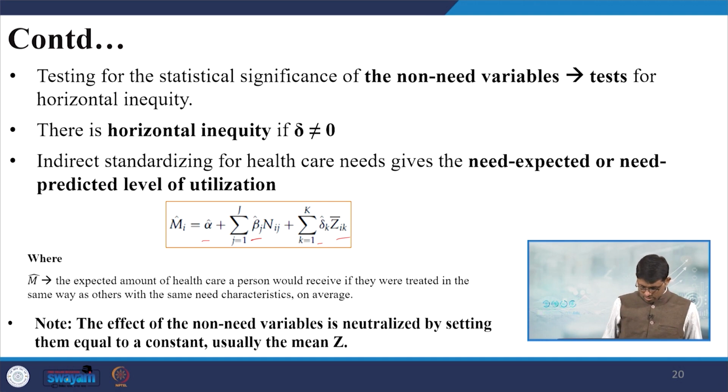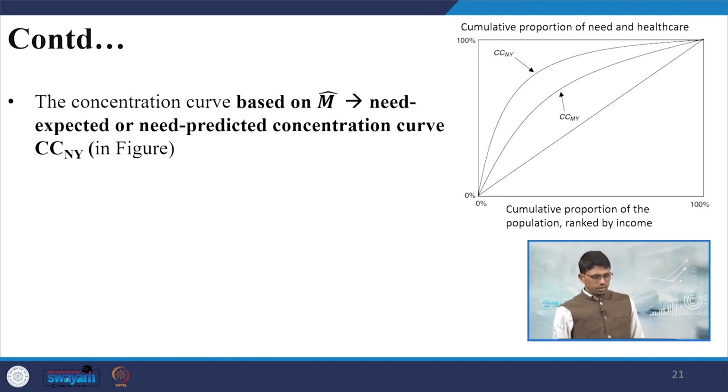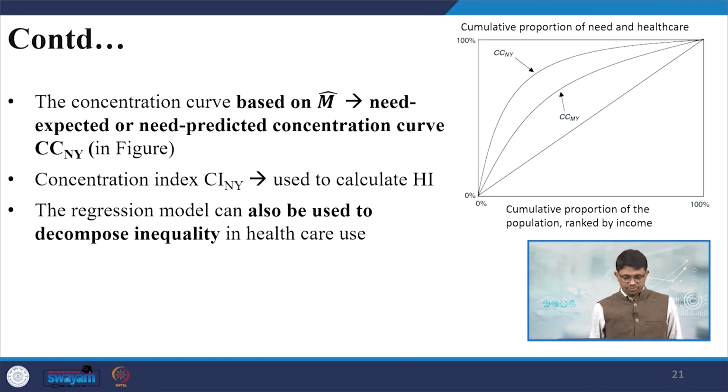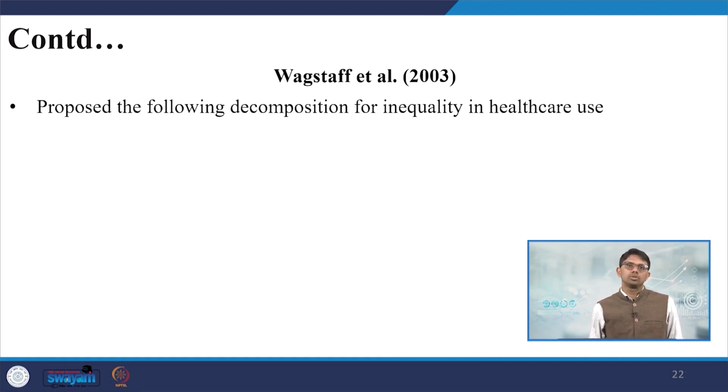And fine, I think I have already mentioned the concentration curve based on M hat, that is the need-expected or need-predicted concentration curve, which is presented in the figure, and the regression model can also be used to decompose inequality in healthcare use.